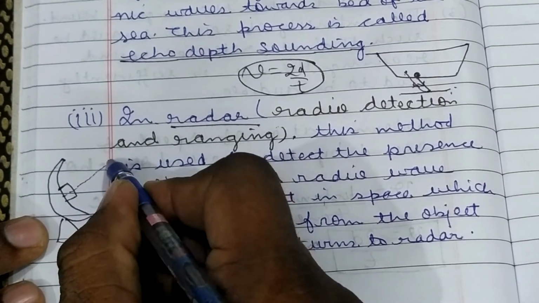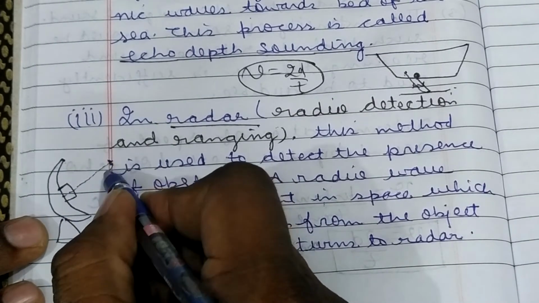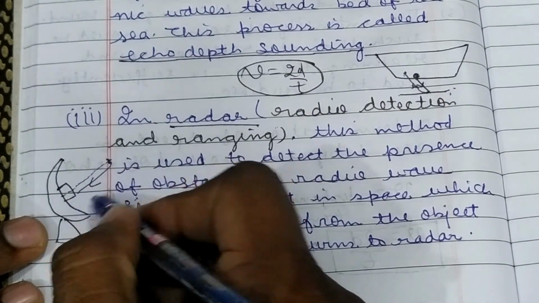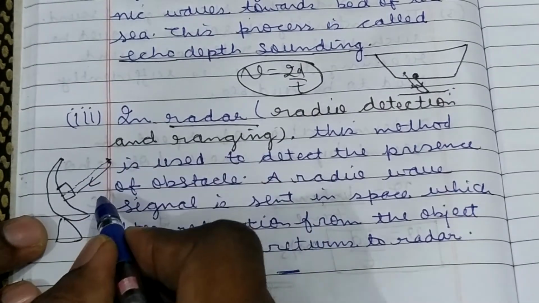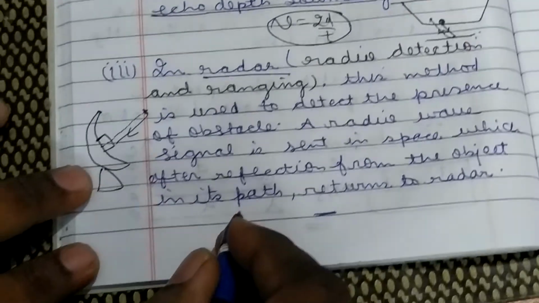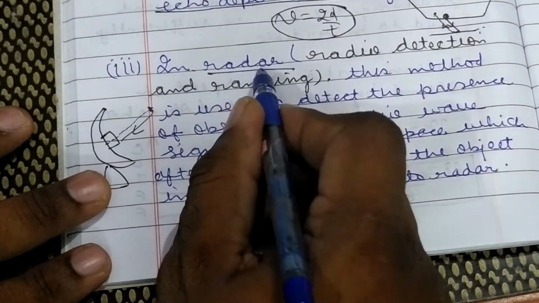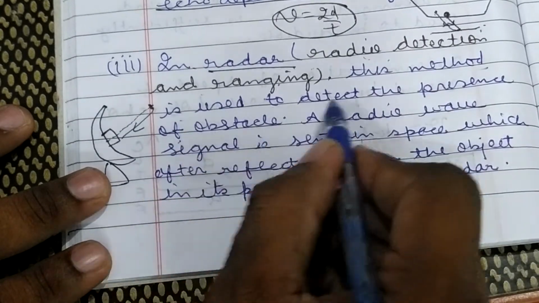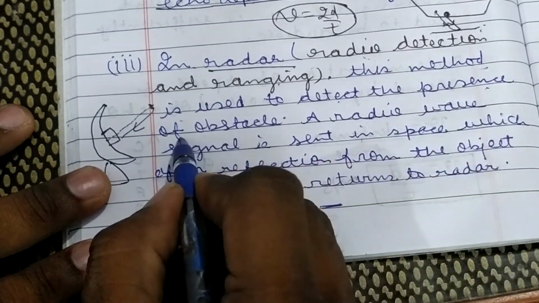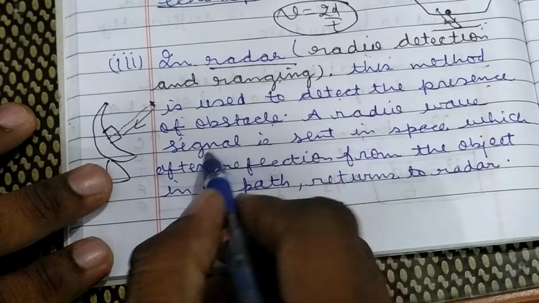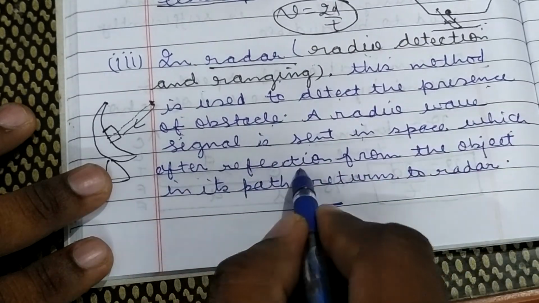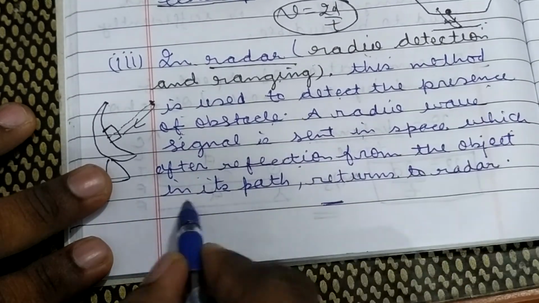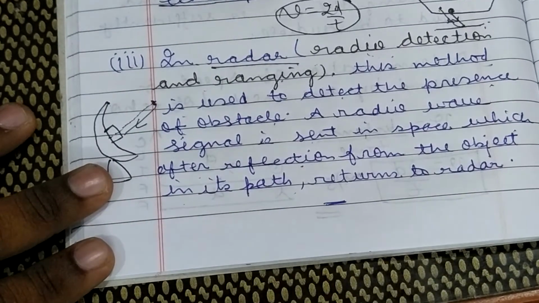These radio waves are sent into space, and from where they are reflected back, by means of this you can detect the presence of an obstacle in space. Radar stands for Radio Detection and Ranging. This method is used to detect the presence of obstacles. A radio wave signal is sent into space, where after reflection from an object in its path it returns to the radar.